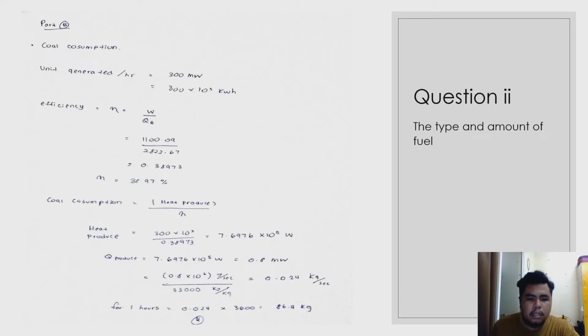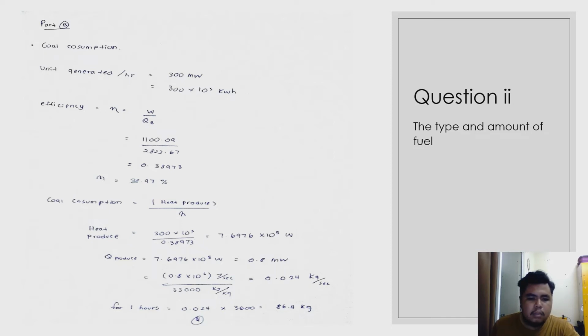So we can get 0.8 megawatt. Then we put the 0.8 megawatt into this, then we can get 0.024 kilograms per second.